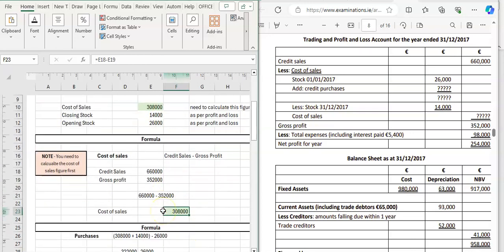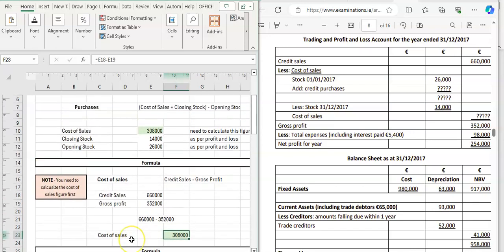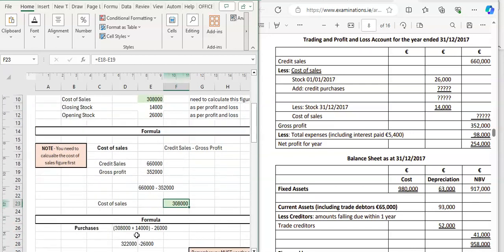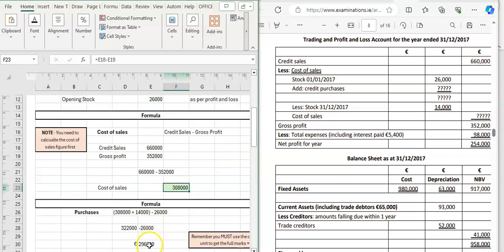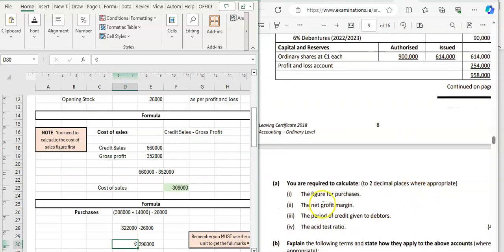Then I can substitute that into my formula, 308,000 plus 14,000, take away the 26,000, and that's going to give me 296,000. And remember, include your unit, which is euros. And that is the first adjustment for Larchfield 2018 ordinary level question 5.